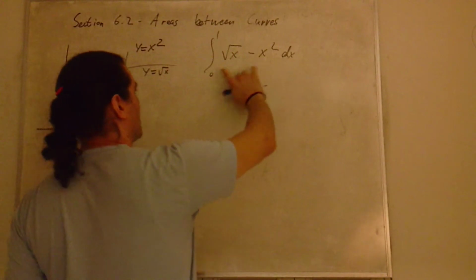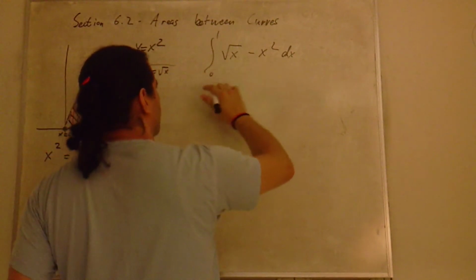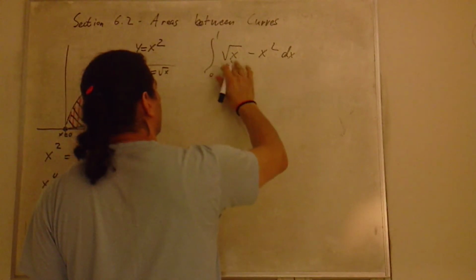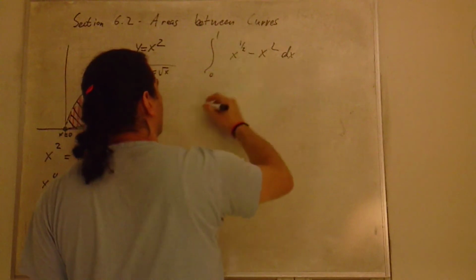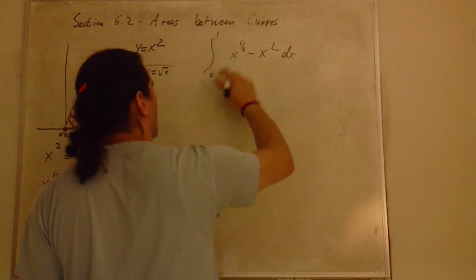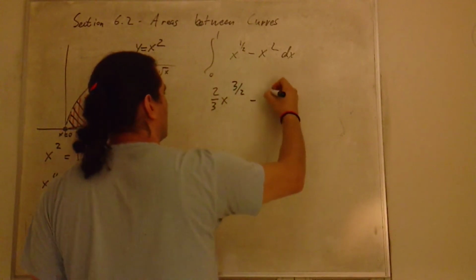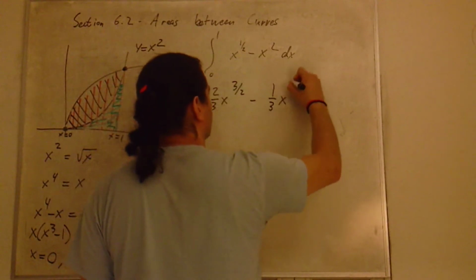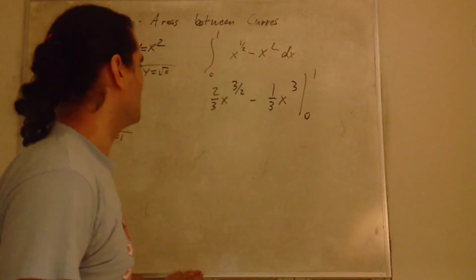So top, bottom, left, right, it all comes together in one integral, and this integral is the integral of root x, that's x to the 1/2, which gives 2/3 x to the 3/2, minus 1/3 x cubed, evaluated from 0 to 1.